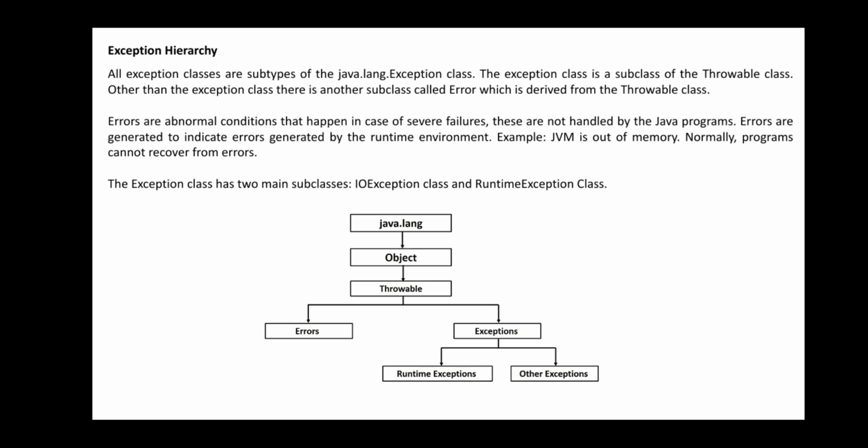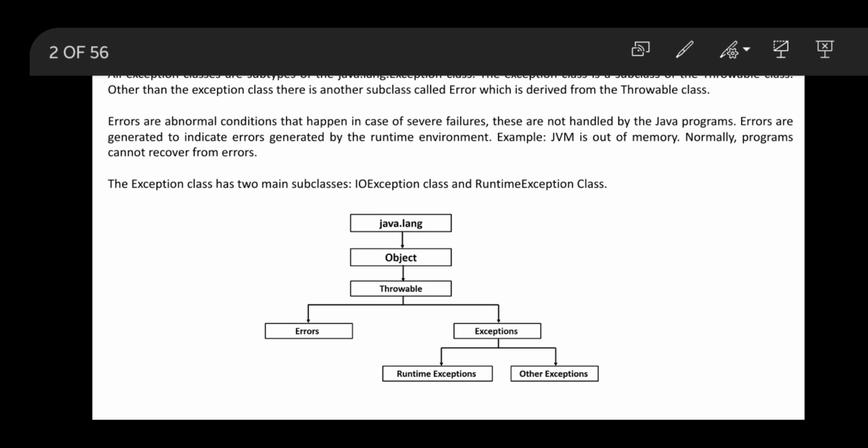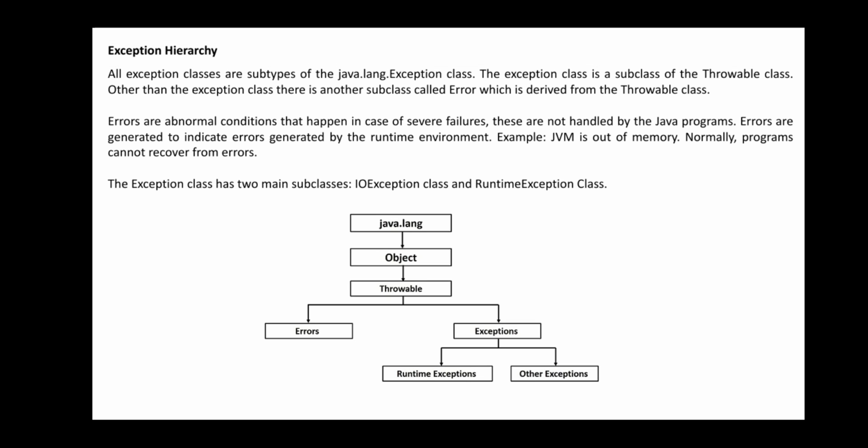So the throwable class is defined with the object, and that object calls java.lang. The java.lang package is defined with the class called throwable, which is divided into two parts. One is called error, another one is called exceptions.